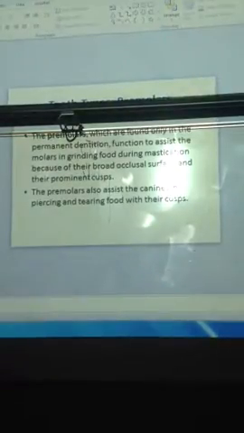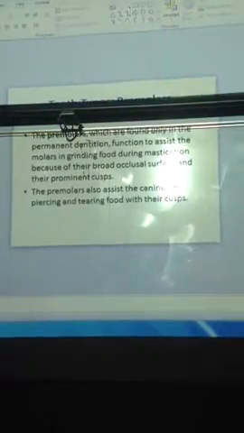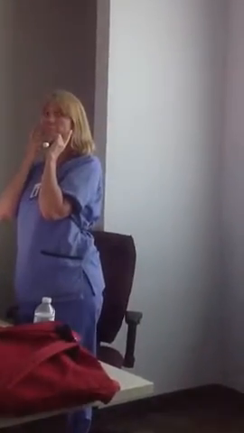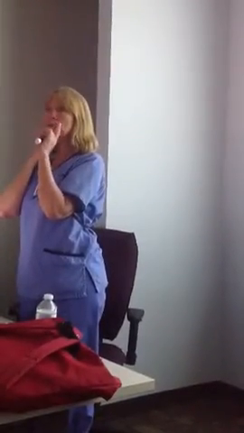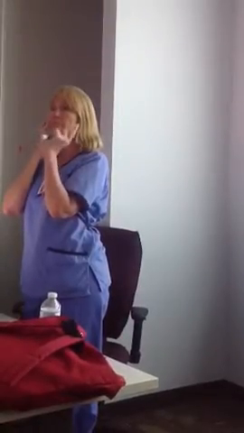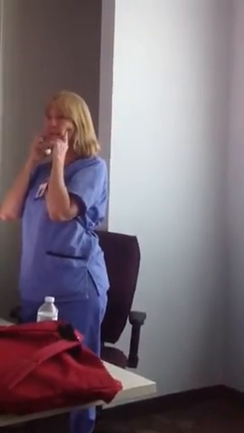Central, lateral, canine. What do you have in the permanent dentition? First premolar, second. The permanent first premolar replaces a primary first molar. The permanent second premolar replaces a primary second molar. Say that again? A permanent first premolar replaces a primary first molar, and a permanent second premolar replaces the primary second molar.